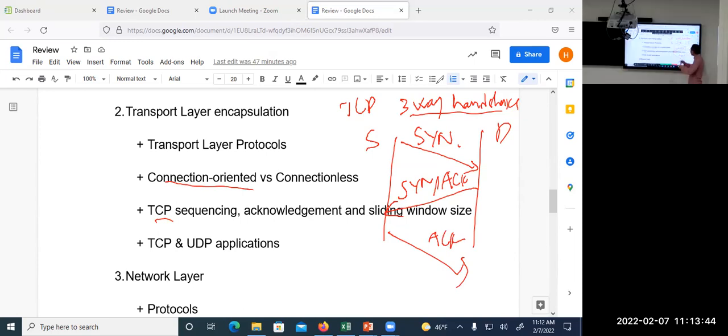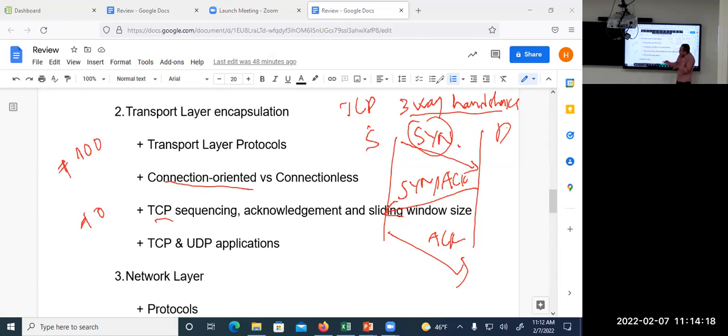Now, what is the SYN and what is the ACK? Let me show you. Remember that in the case of TCP, you want something reliable, so you have to handshake before you transmit. The source tells the destination that it wants to transmit data, starting from number 100. The reason they don't start from 0 is because of a security problem.